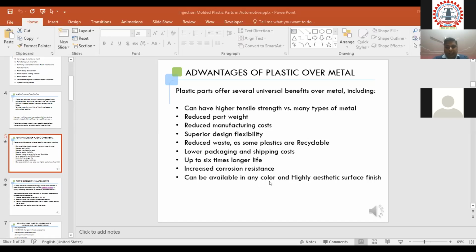Many kinds of finish we can see there, and no secondary processes like painting are required. In case of metal parts, we need painting, but in plastic parts we can have the original color. These are the common advantages of plastic parts, due to which we are replacing metals by plastic.